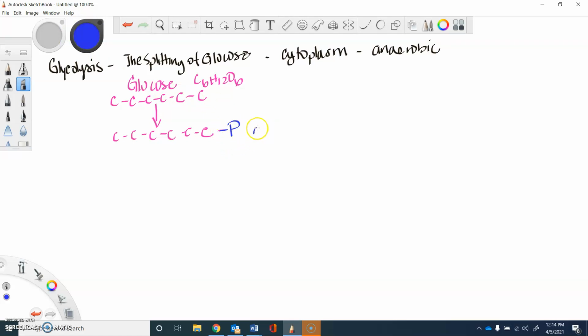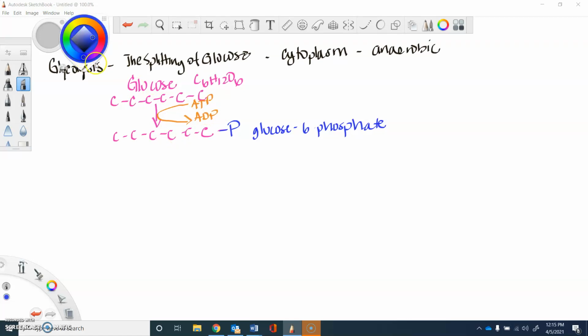Okay, so this is glucose 6-phosphate. So now the regular glucose can still come into the cell. Now it's something else, okay? That process actually costs us an ATP. So this conversion from glucose to glucose 6-phosphate requires ATP.